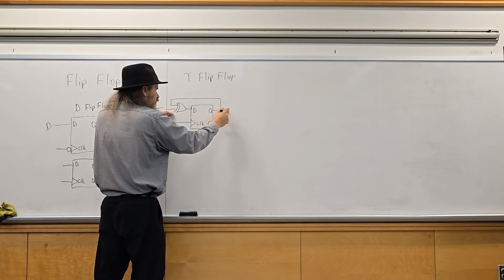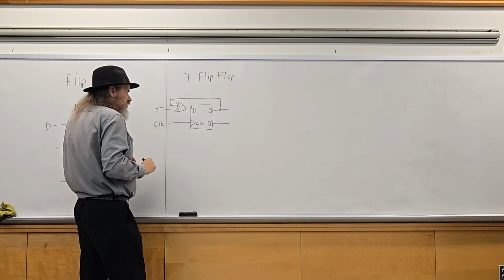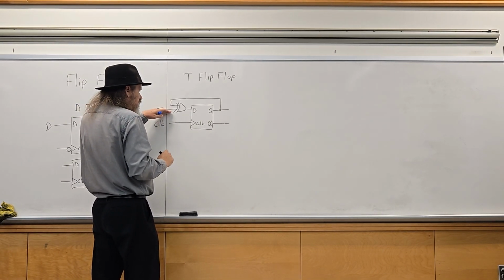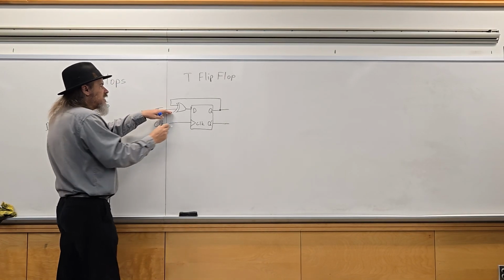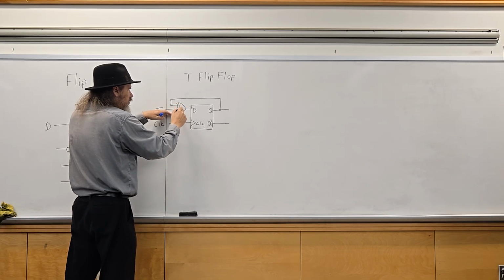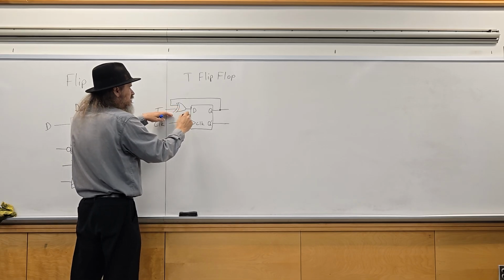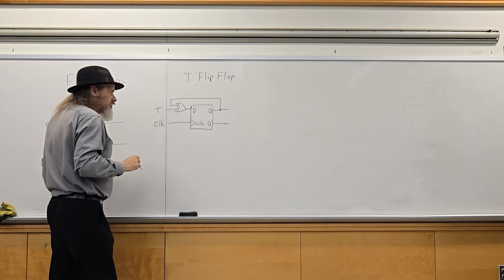So pass through to Q. On the next clock signal, if T is 1, the 1 from here will be fed into the XOR with the 1 from the T input, and the output from the XOR gate will be 0.